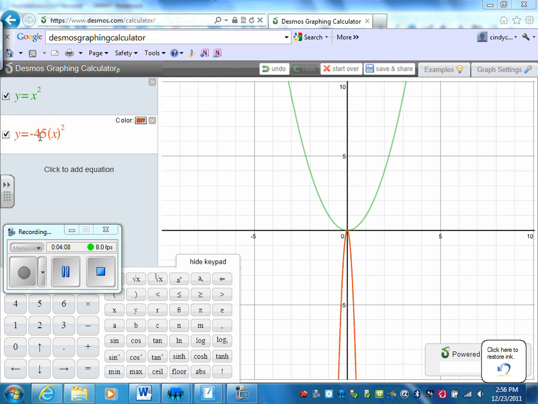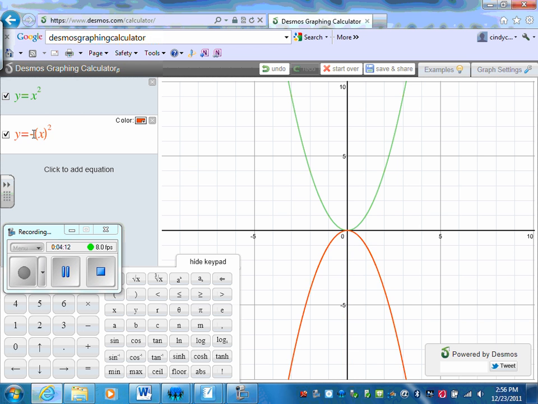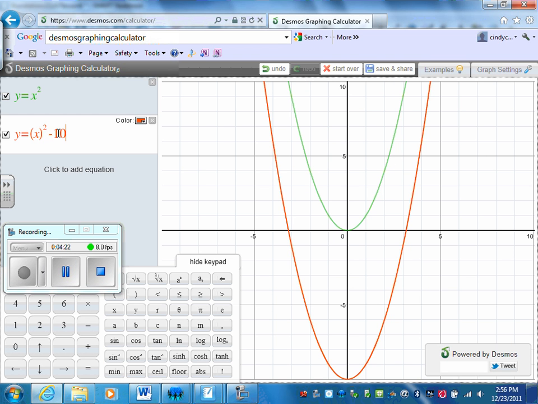C: now we're changing a constant. So we have our x², and we're adding different numbers onto the back. There we have plus 5. Here we have minus 10.